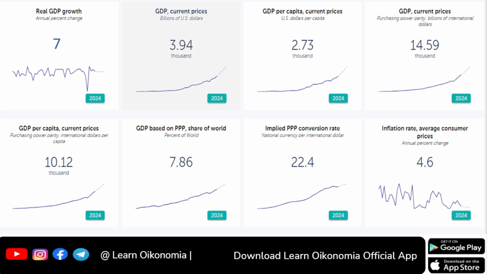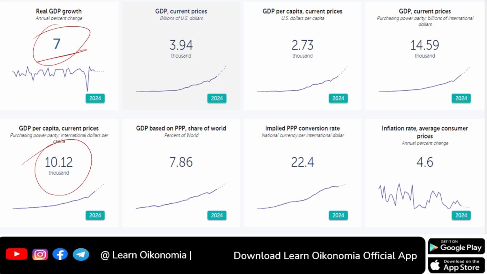Now I'm taking you to some more explanation with respect to the GDP aspect. Real GDP we have already explained. This is 7% for India for the year 2024-25. When we consider the GDP per capita with respect to current prices, it is estimated as 10.12 thousand.